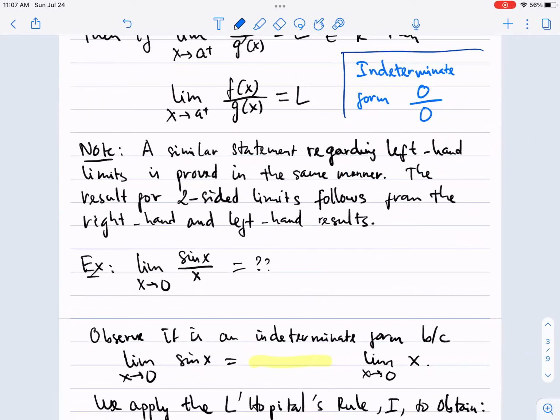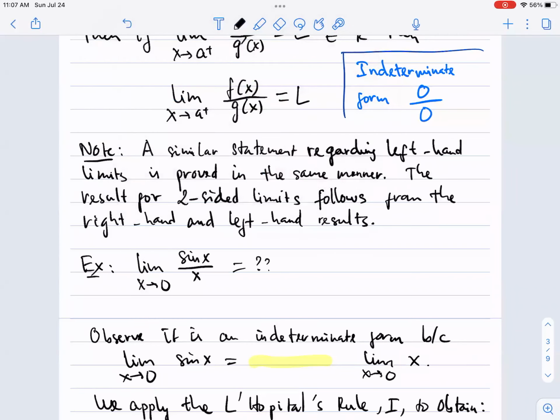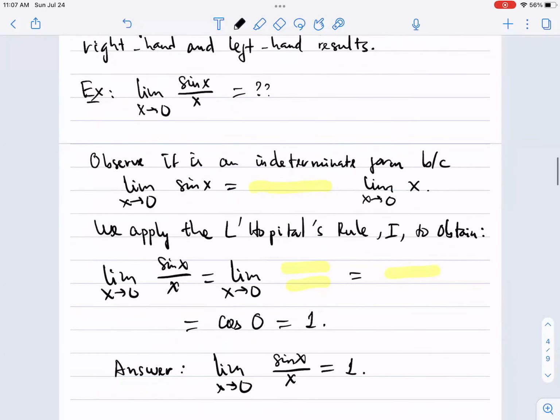Now, I would like to give you several examples to illustrate how the L'Hopital rule works. For example, here we consider the quotient sine x divided by x, and we would like to compute the limit when x approaches 0.